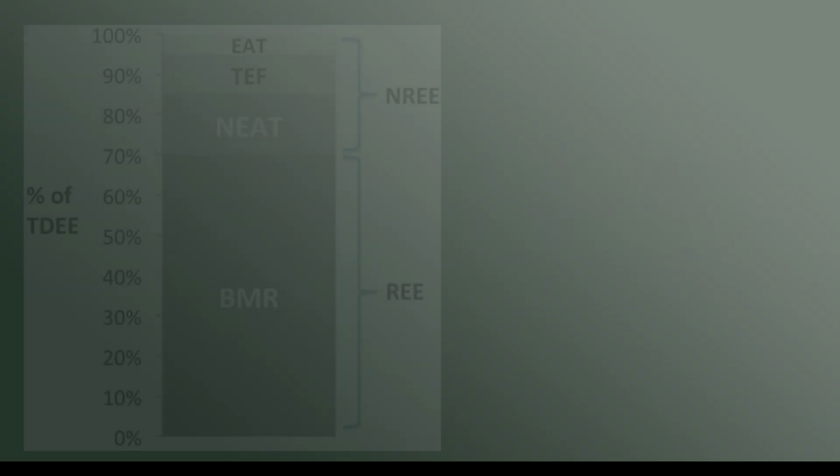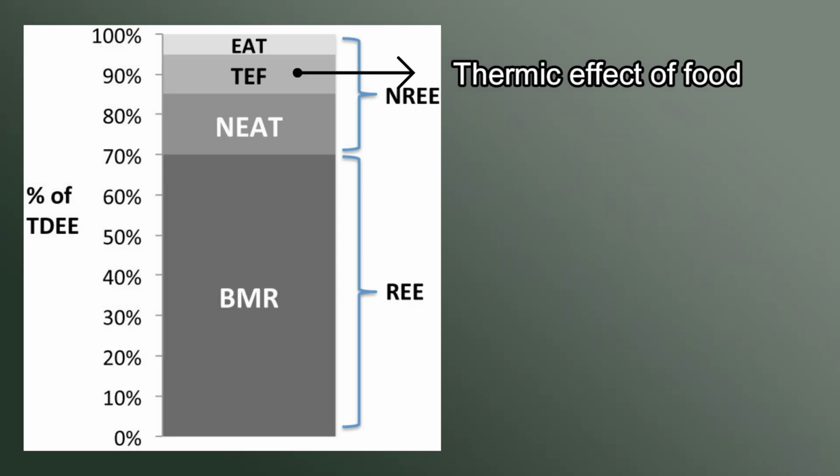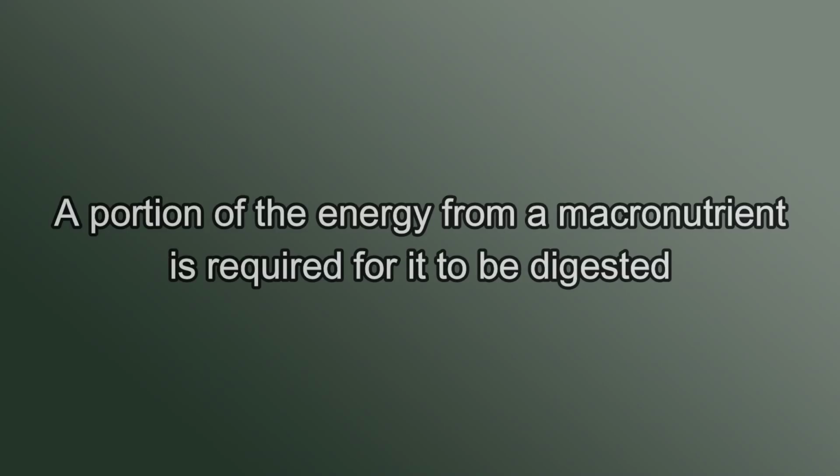The next component we'll look at is the energy our body needs to process food, known as the thermic effect of food. Carbohydrates, fats, and proteins all require different amounts of energy to be broken down for the body to use. This results in a portion of the energy consumed from the macronutrient being used in its digestion.